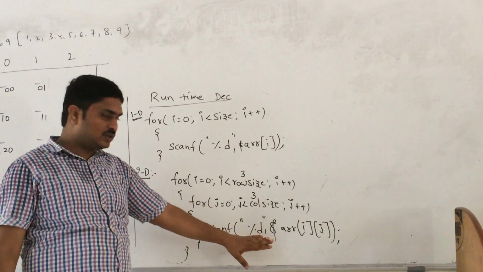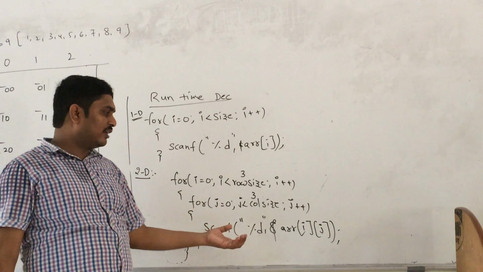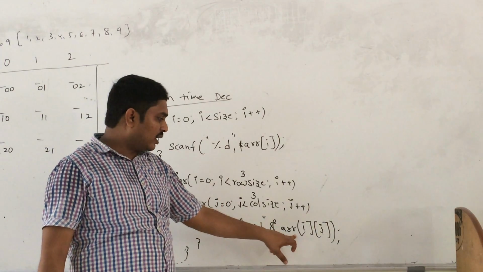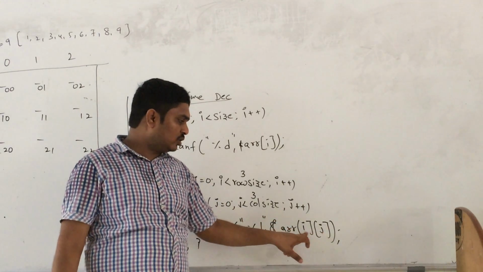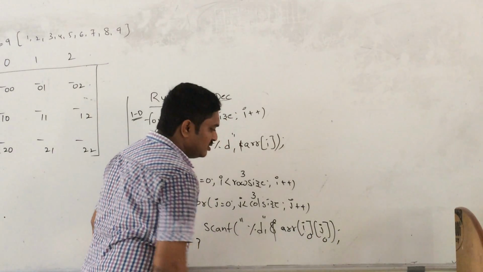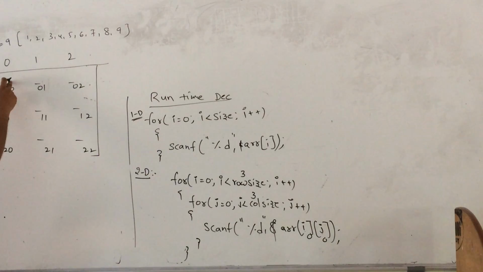Hence it again enters into the for loop. Here there is a scanf statement. I am taking a value at runtime, and that is stored at array of i j, this position, that means the ith row, jth column. So the i value is 0 and the j value is 0. So the entered element is stored at the 0, 0 position, that means at this position.